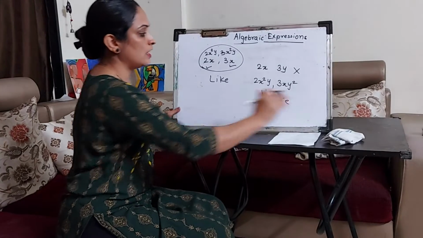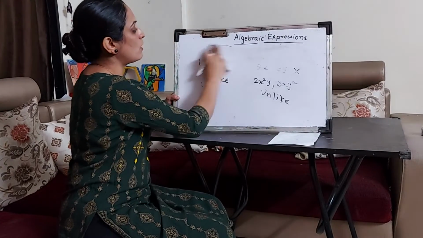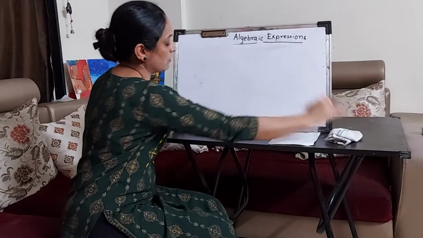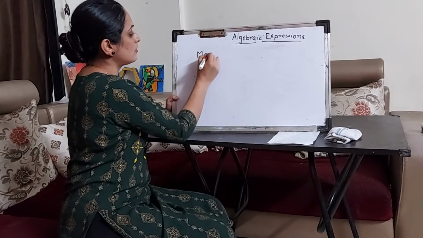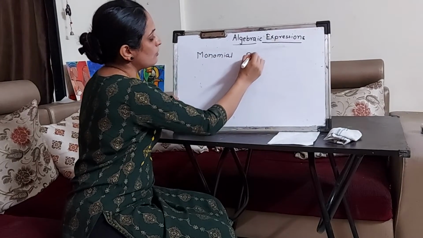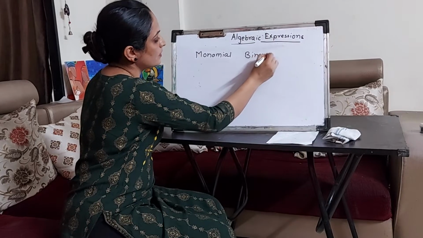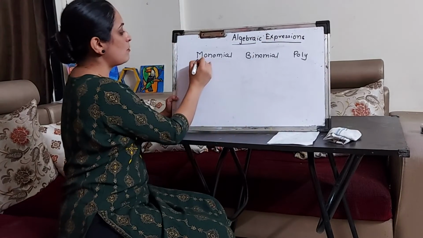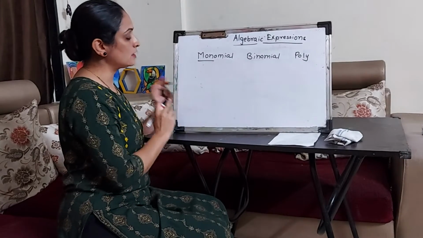Okay. Now we will see what the actual types of expression are. Those are monomial, binomial and polynomial. Mono means single.